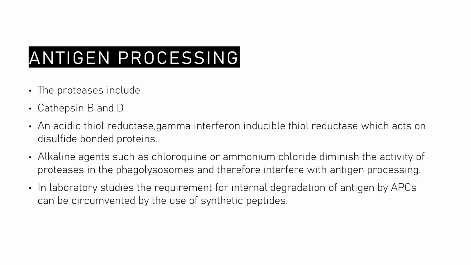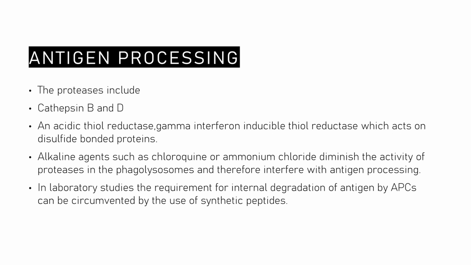So the proteases include cathepsin B and D, and acidic thiol reductase, gamma interferon inducible thiol reductase, which acts on disulfide bonded proteins. Alkaline agents such as chloroquine or ammonium chloride diminish the activity of proteases in the phagolysosomes and therefore interfere with antigen processing.